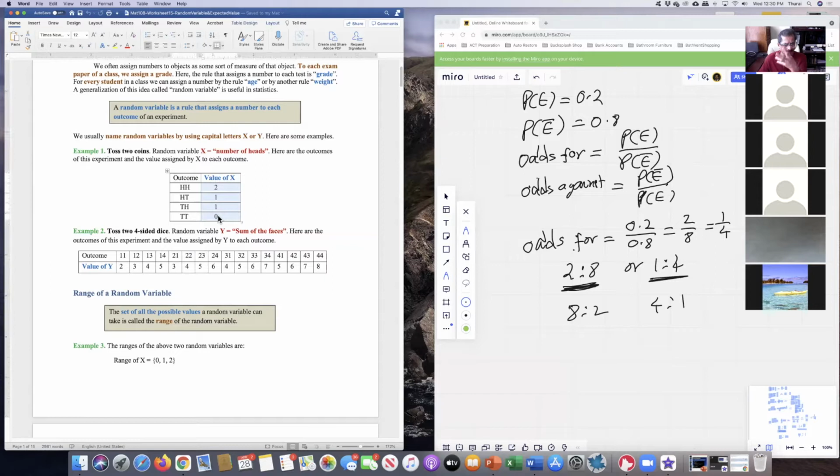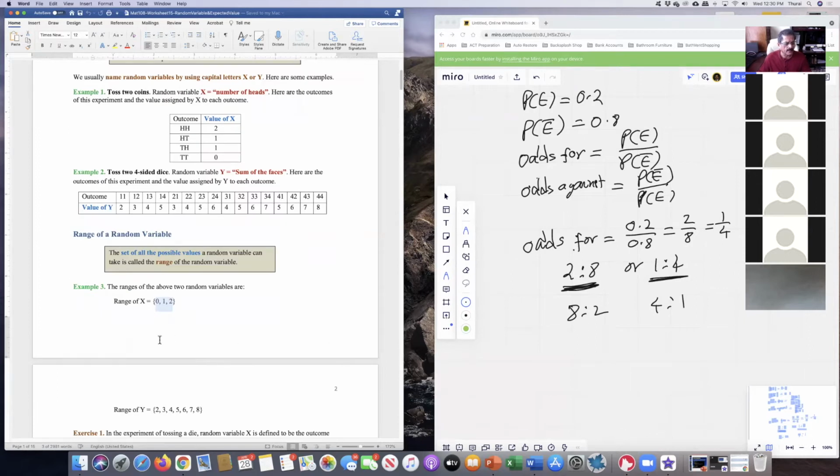When you write the range, you just list each value once. So therefore 0, 1, 2 are the values in the range of X. Okay, what are the values in the range of Y? Anybody? 2, 3, 4, 5, 6, 7, 8. Right, 2, 3, 4, 5, 6, 7, 8. Very good. So here is the range of Y.